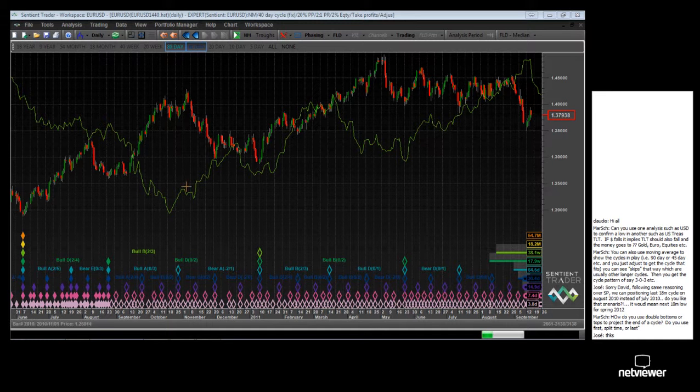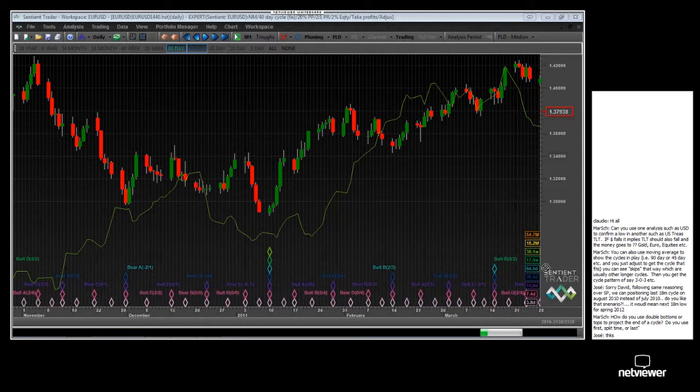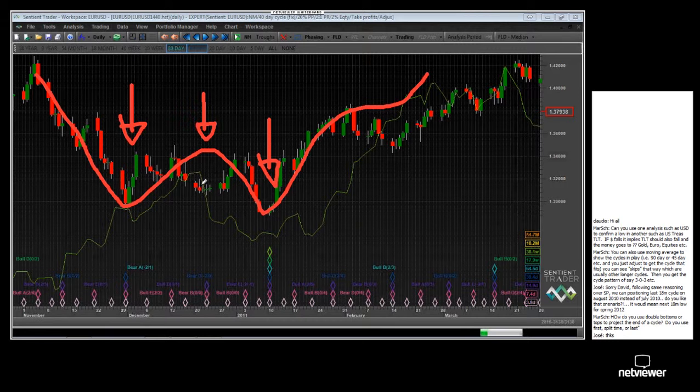That depends. When you're talking about, Marcel, I think you're talking about when you have a double bottom. This is not a very good example, but here's just a very rough double bottom, and I think you're asking, do we take the first trough, or the second trough, or the split trough?